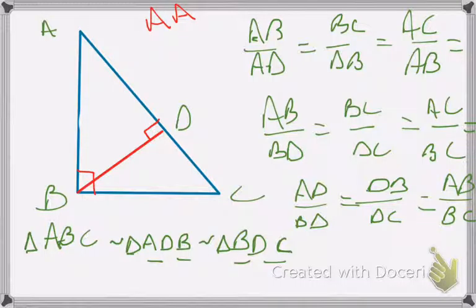In the end, I'm just trying to set up the theorems that we're going to talk about. Okay? Now, I can strategically choose some ratios to set equal to each other. I'm going to pick, let's see, this one and this one.